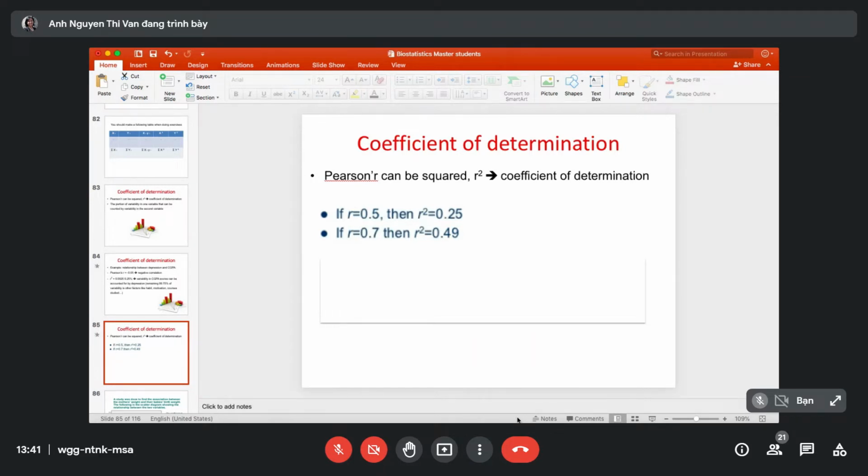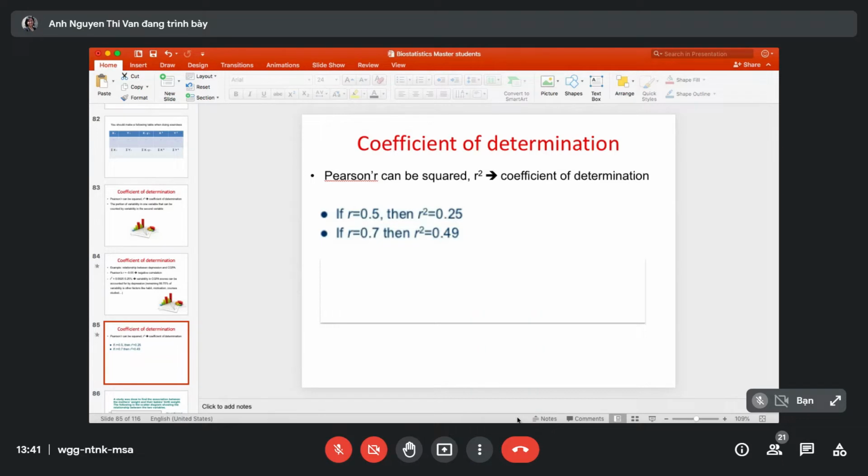It's 0.5, so it's not really strong, it's quite weak. And the coefficient of determination is 0.25, so 25% of one variable will be affected by the other variable, and 75% will depend on other factors.